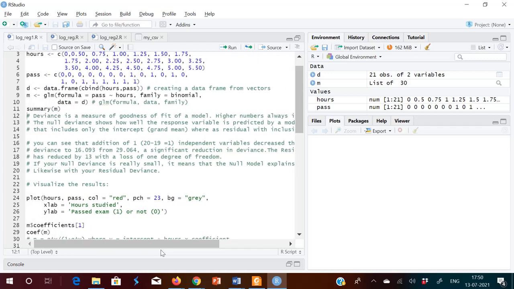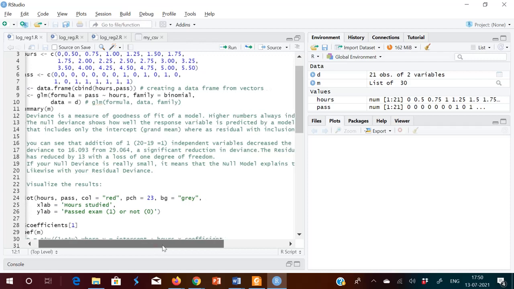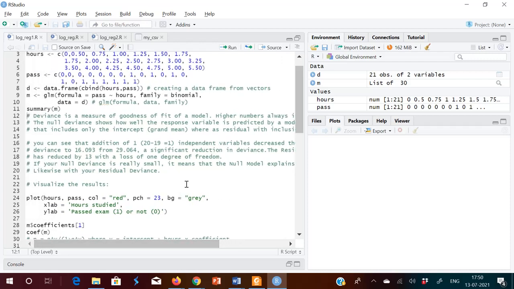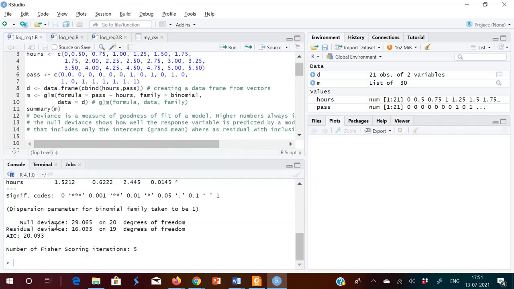The null deviance shows the response variable when the intercept alone is there, and the residual deviance is when one more independent variable is added. So here, null deviance means when the intercept alone is there, and this residual deviance is when one more independent variable is added. So how can we read it?